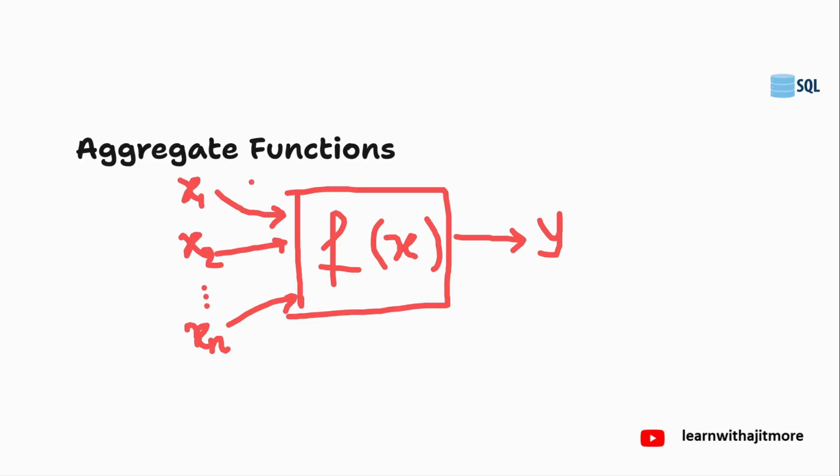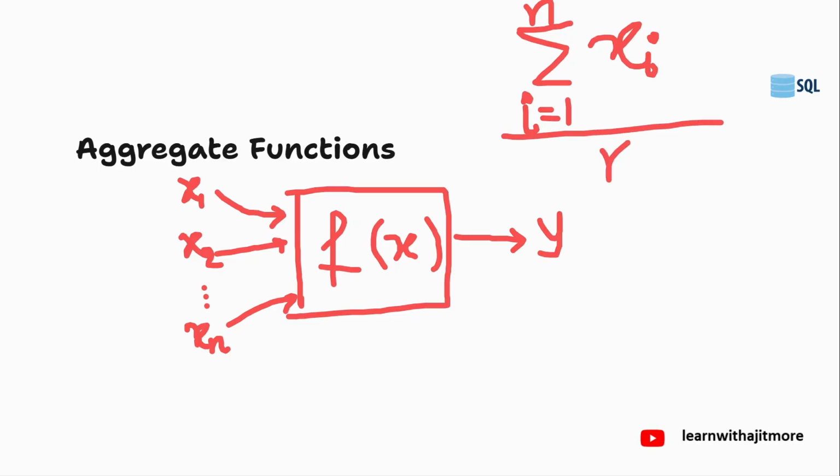Average means the sum divided by the number of values. Summation is written as the sum of xi, where i goes from 1 till n, so as many values as are there, you total them, and then divide by n, which gives you the average. So average, minimum, maximum, count and sum.